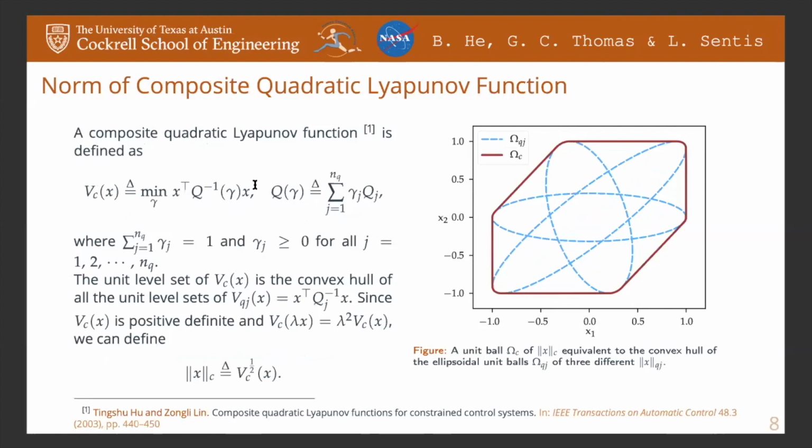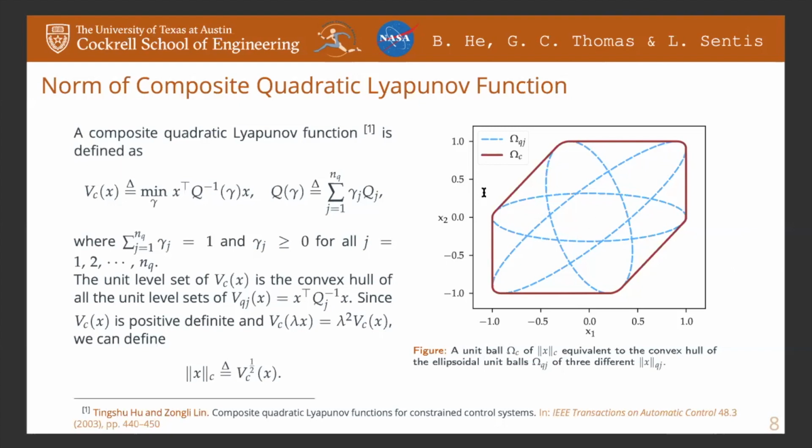Its positive definite matrix Q is in a convex hull of multiple different Q matrices of different quadratic Lyapunov functions. The square root of this composite quadratic Lyapunov function can be proved to be a vector norm function because its unit ball is the convex hull of all the ellipsoidal unit balls of all different quadratic Lyapunov functions.